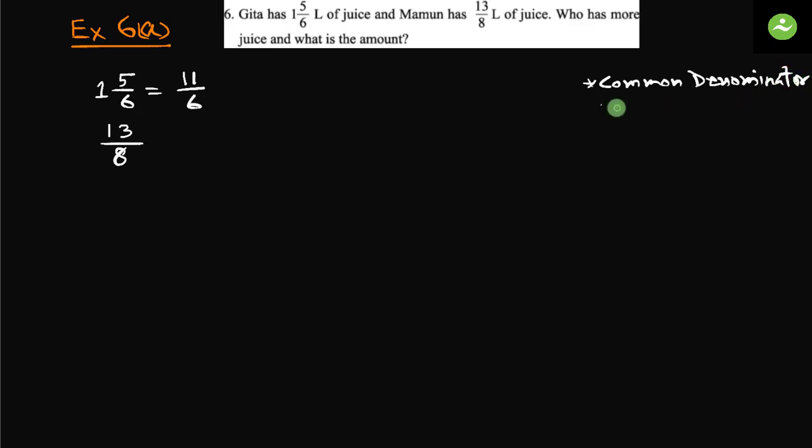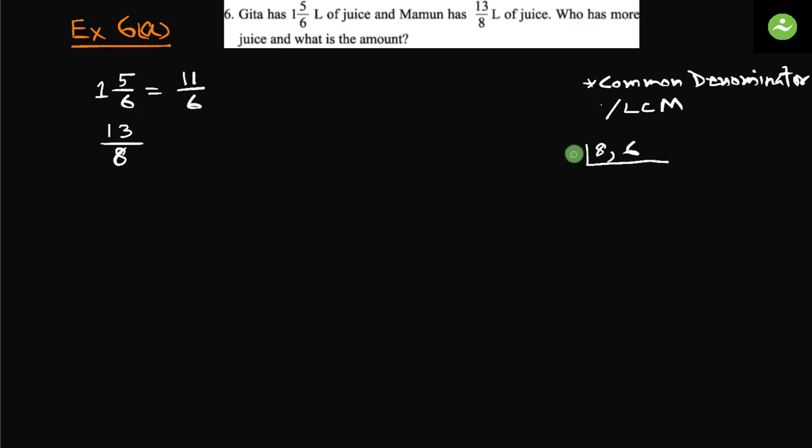We can always use LCM to have the common denominator. Here denominators are 8 and 6. How do we get the LCM or common denominator?